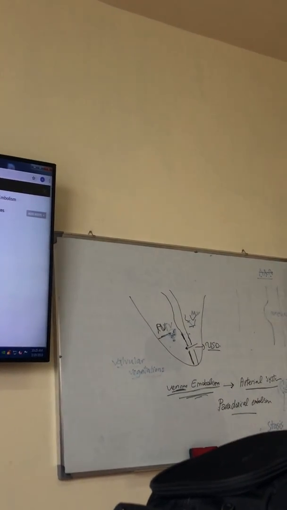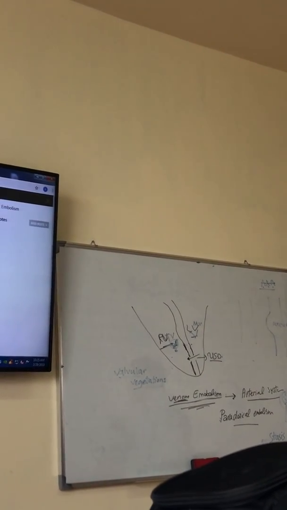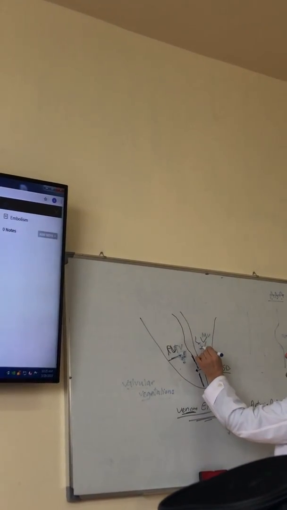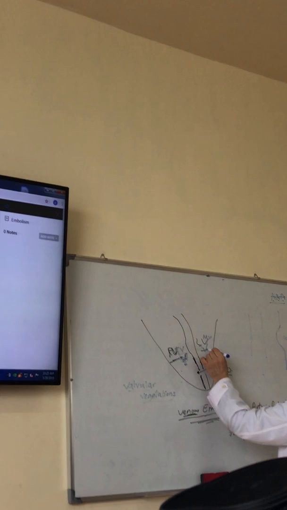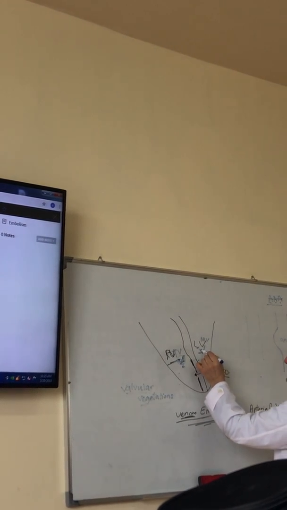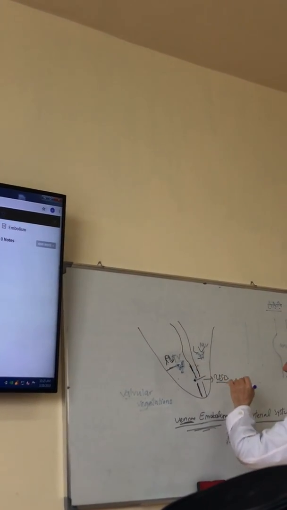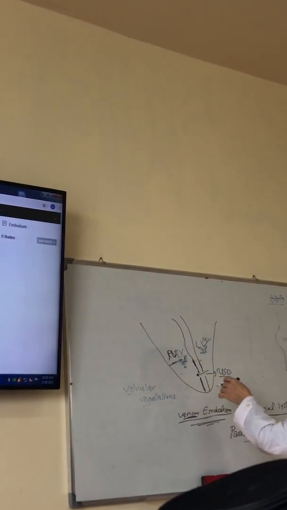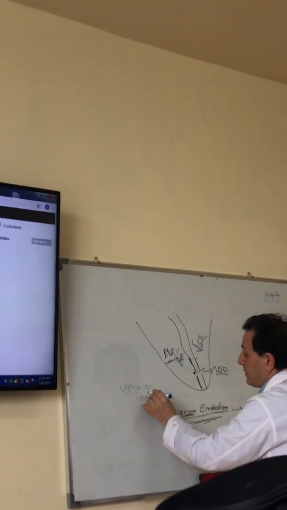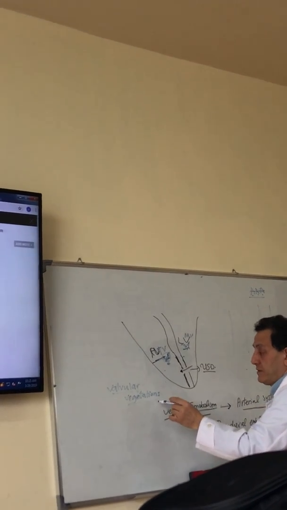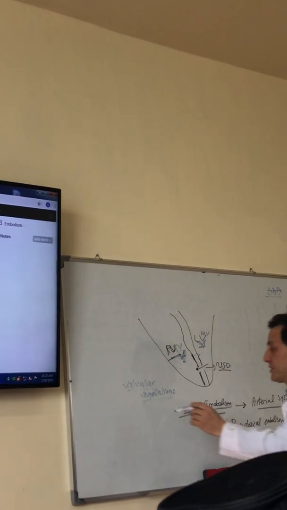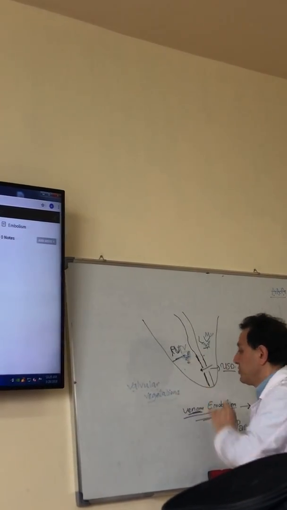Vegetation means that we see some nodules, some masses on the valves, on the surface, under it, or the opening areas of the valves. If they start to travel in circulation, they can be a cause of embolism, but less common than the most common type.